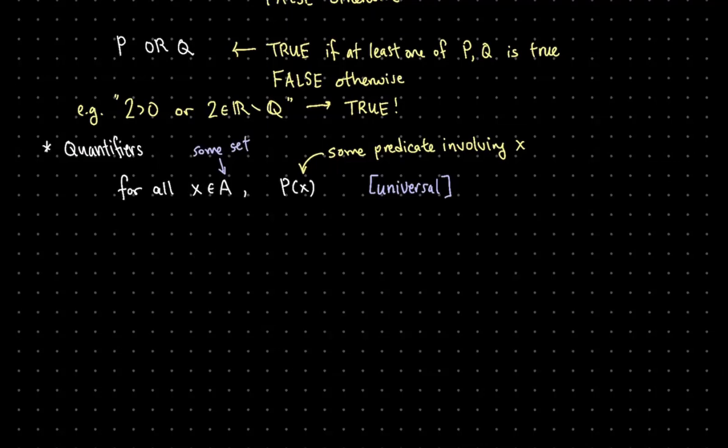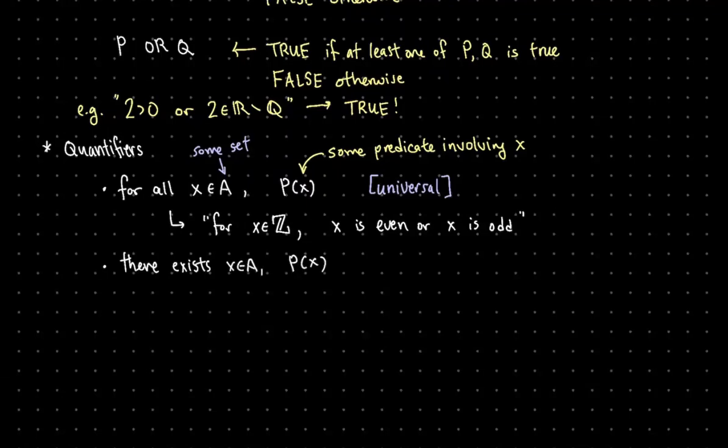So an example would be for all integers x, x is even or x is odd. Okay, this is definitely a true statement. Okay, so this is called the universal quantifier. There's also another one called an existential quantifier. This says there exists x in A such that P of x.